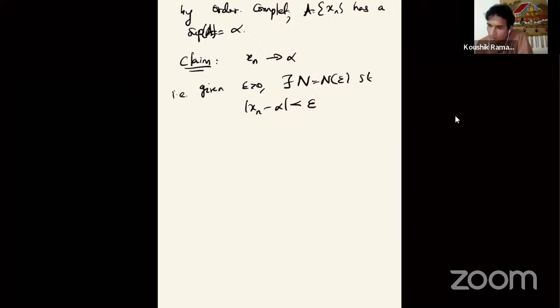Remember, alpha is the supremum of the set {x_n}. So we know that alpha in particular is the supremum, which means it is an upper bound. You know, x_n is less than or equal to alpha for all n, because alpha is an upper bound.